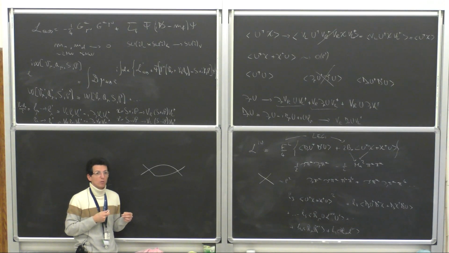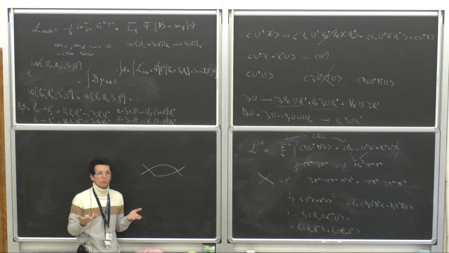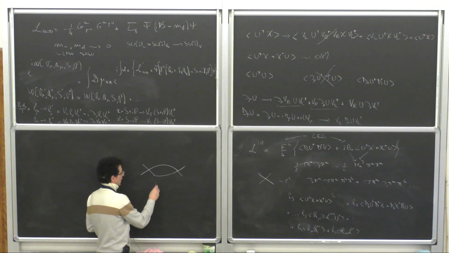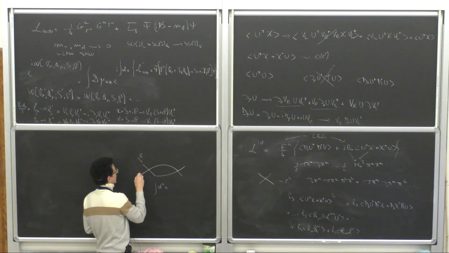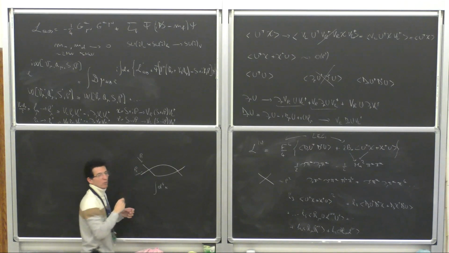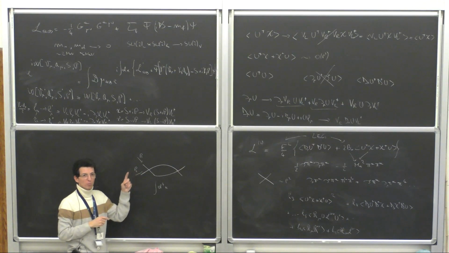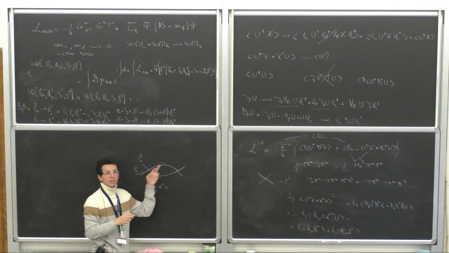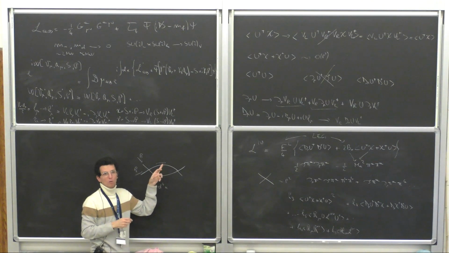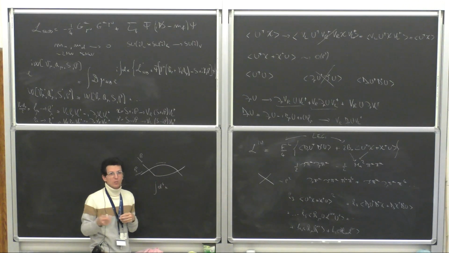So you have a loop. This loop has an expression d^4k. If there is a pion with momentum p1 entering and p2 entering, then the intermediate momentum of these propagating pions is not fixed, it can be whatever it likes.